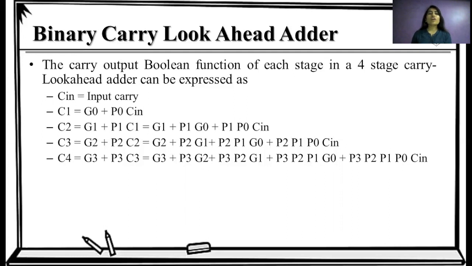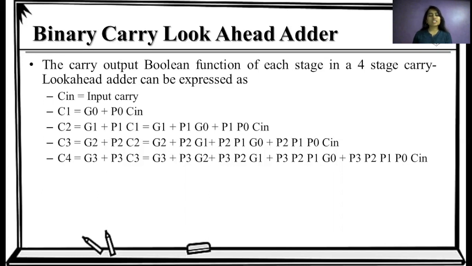Now for C2, we have the equation G1 plus P1 into C1. Here we have the value of C1 which is G0 plus P0 Cin. Putting this value in and simplifying, we have C2 equals G1 plus P1 G0 plus P1 P0 Cin.